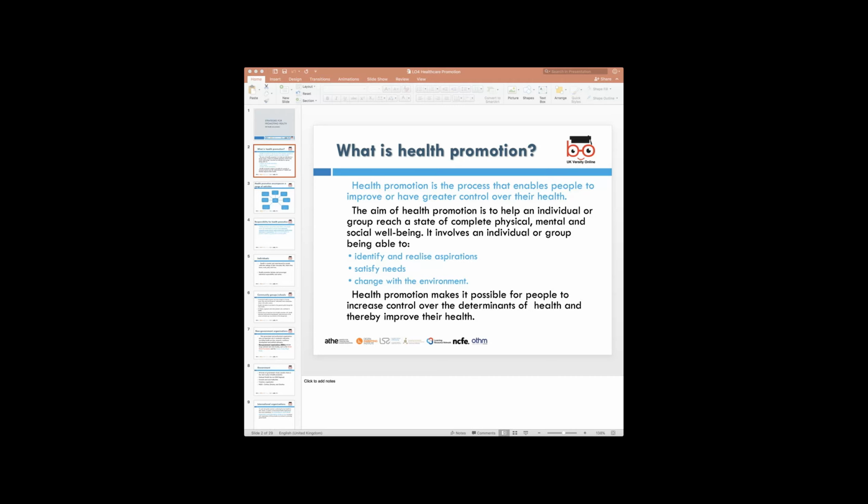So the basic aim of healthcare promotion is to look at how we reach out to individuals to make them aware of the condition of their health, whether it's physical, mental, or in terms of social well-being, and what they can do to then identify these conditions and take appropriate actions to solve a particular problem.